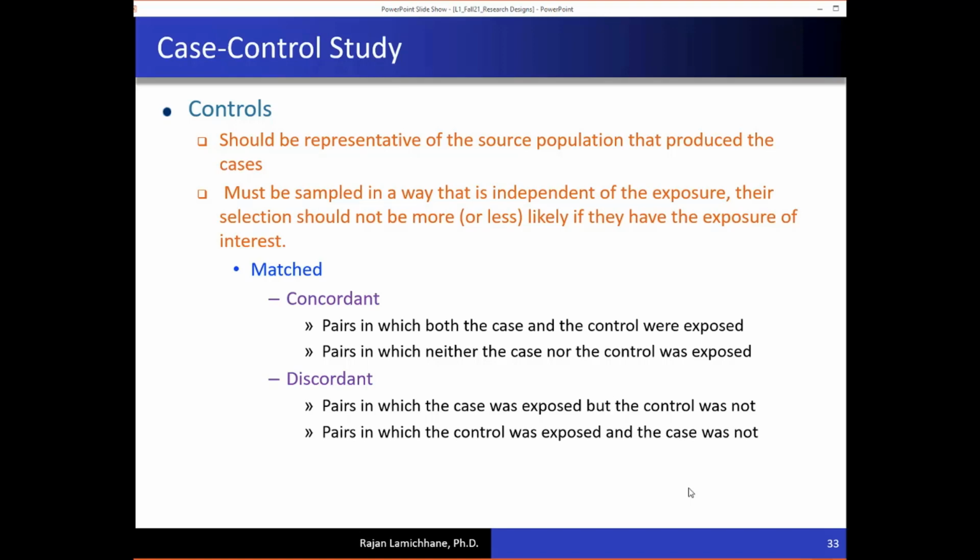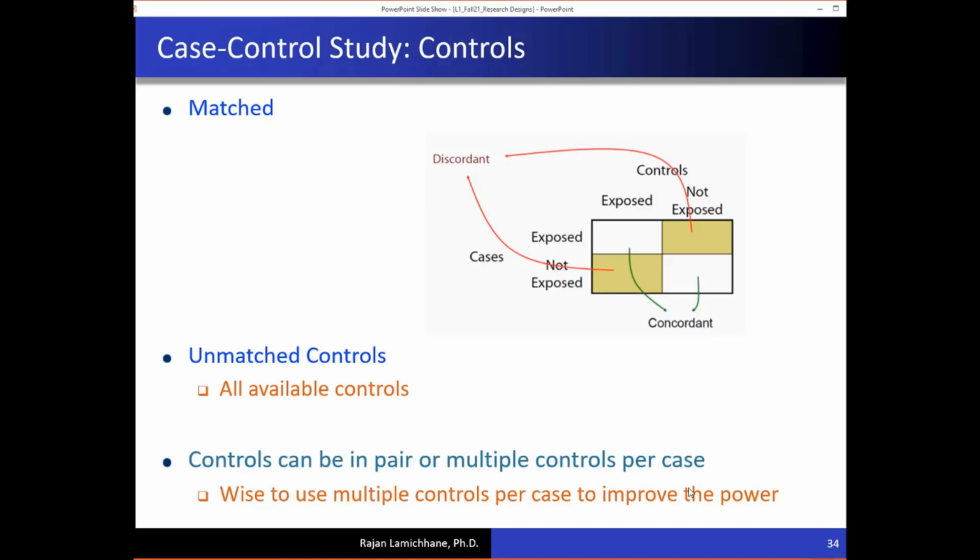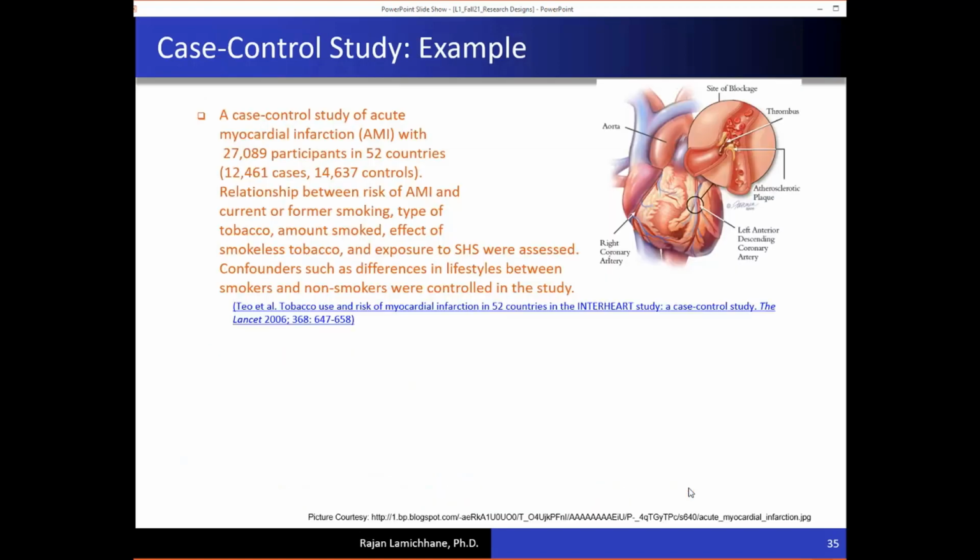If the control is exposed, then the case is not exposed. And as I already mentioned, the controls could be just one, one case versus one, which is one-to-one, or one-to-many, meaning one case with many controls. It depends on how many factors you are trying to match. Here is one example of the case control study.